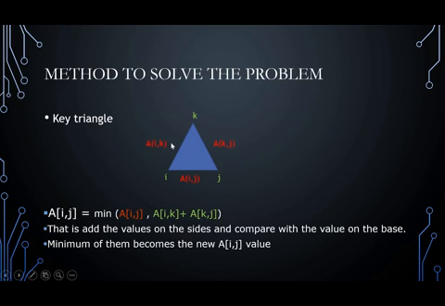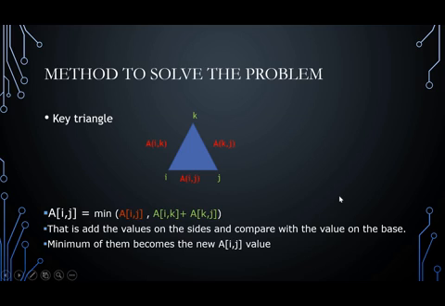Now I add up the sides, A of ik plus A of kj, and compare it with the base. Whichever is the least value will be your new A of ij value. So A of ij is equal to the minimum of A of ij compared with A of ik plus A of kj. Add the values on the sides and compare with the value on the base. Whichever is the minimum value becomes your new A of ij value. Clear? This is the basic logic I would be using.